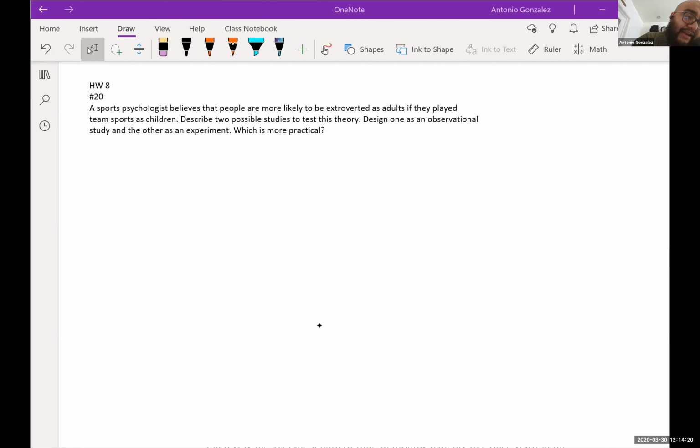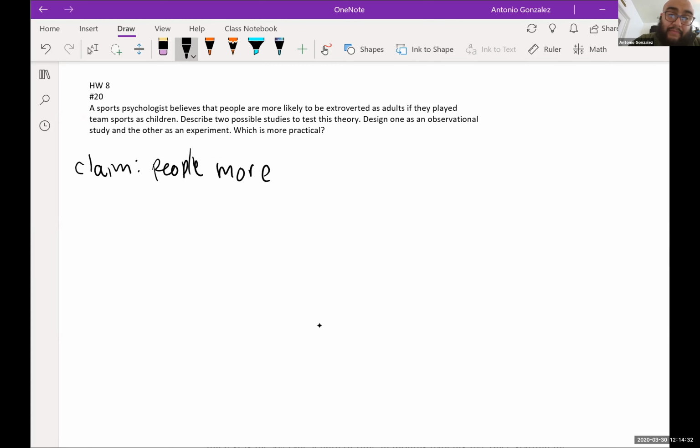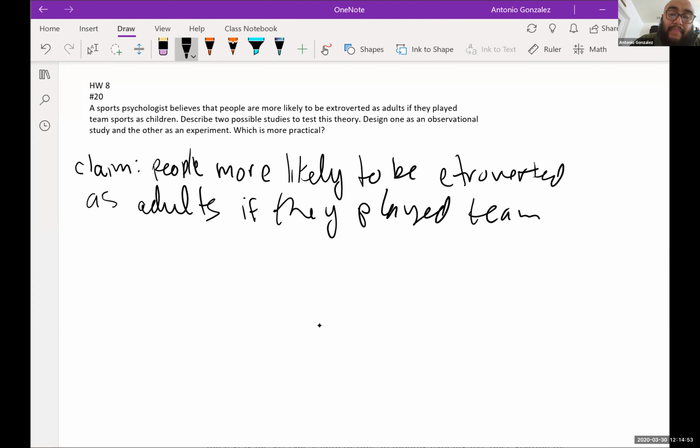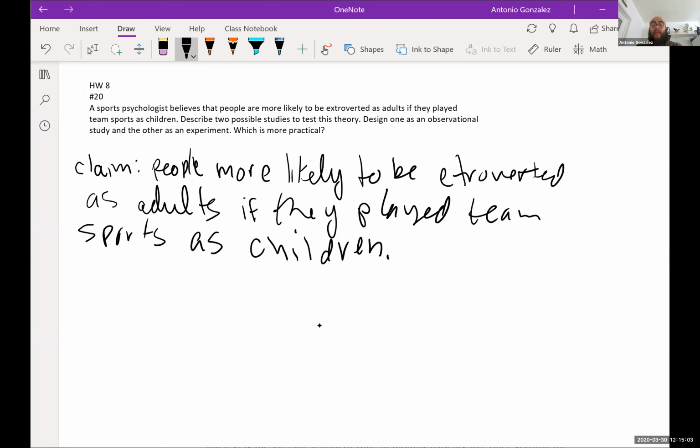This psychologist believes that people are more likely to be extroverted as adults if they played team sports as children. Okay, so that is the claim here.